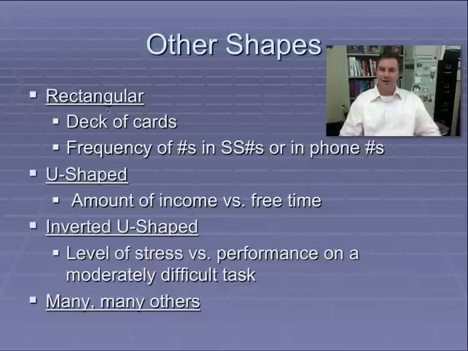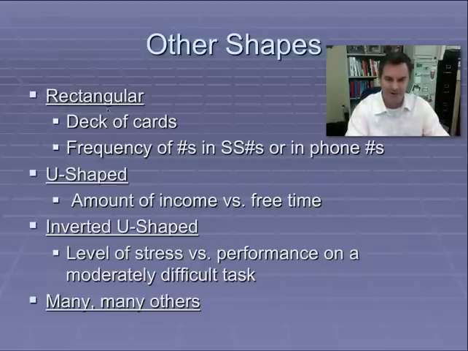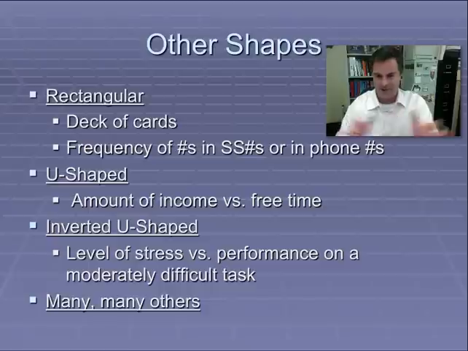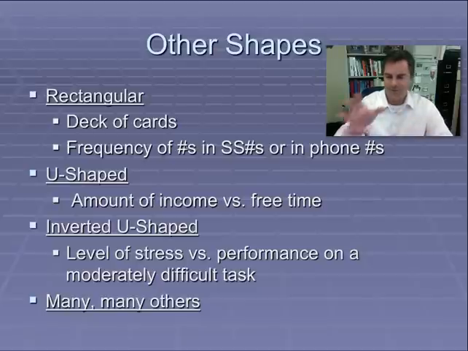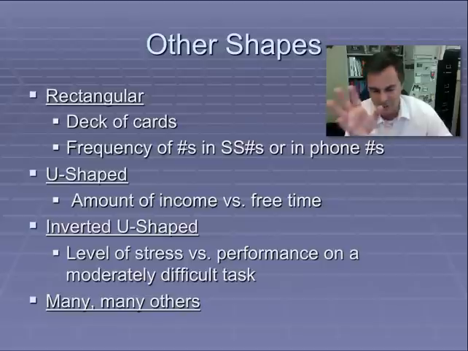I can't think of any good psychology examples of variables that are rectangularly distributed. So I'm just throwing out a couple. If you were going to plot how frequently certain numbers occur in things like social security numbers, which are relatively random, well, there's an underlying code in there, or phone numbers, with area codes and those three number prefixes and whatnot.